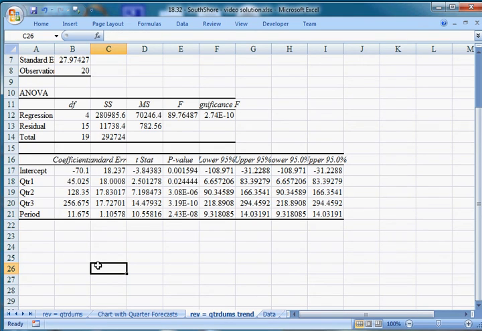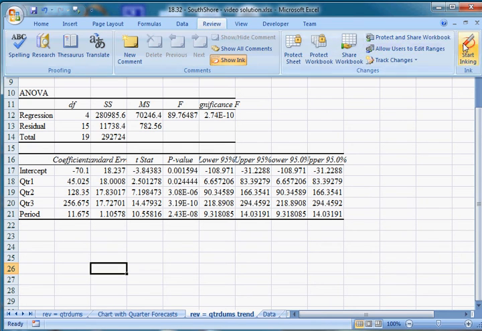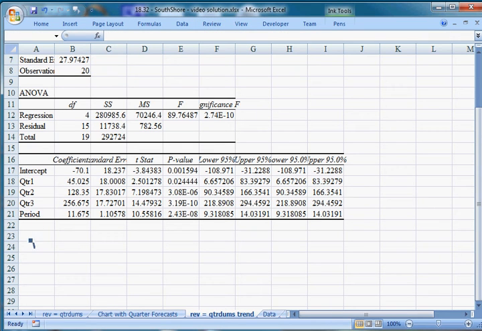We can write the estimated regression equation. This is what it will look like. Revenue hat again is the predicted or estimated value of revenue.